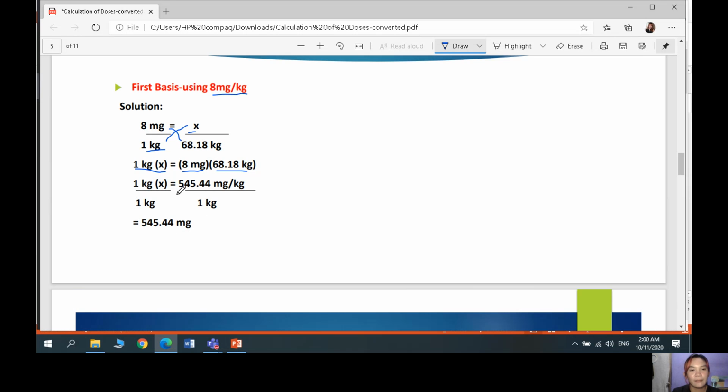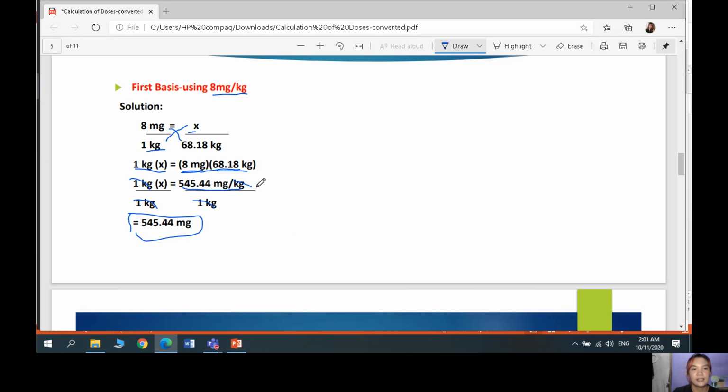So 1 kilogram times x over 1 kilogram is equal to 545.44 milligrams per kilogram over 1 kilogram. So we are going to cancel out all the kilograms, and the one left here is the mg, which is 545.44 mg.